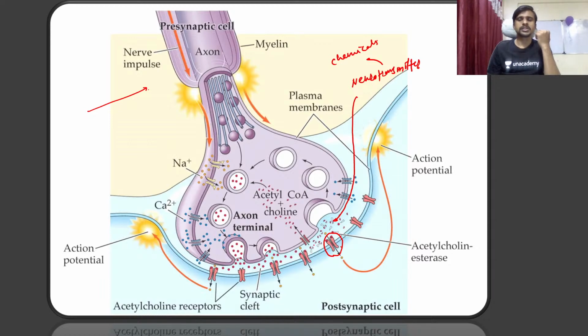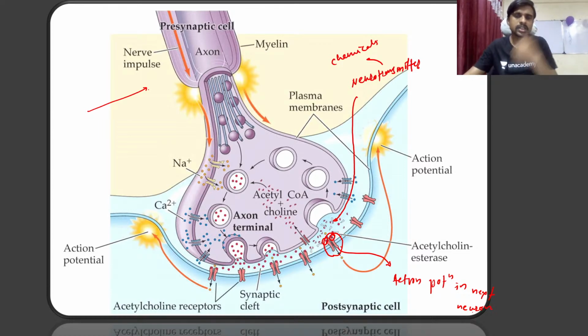The receptor takes the signals coming from the last neuron. Who takes the signal coming from this neuron? This receptor takes it, and then it results in an action potential in the next neuron.